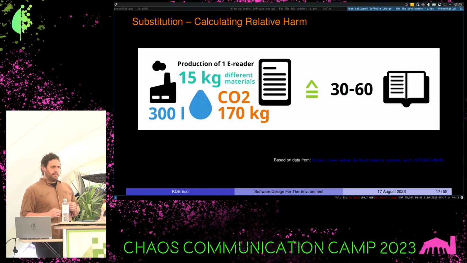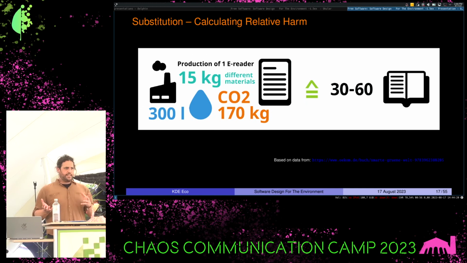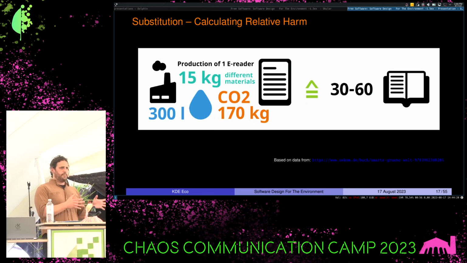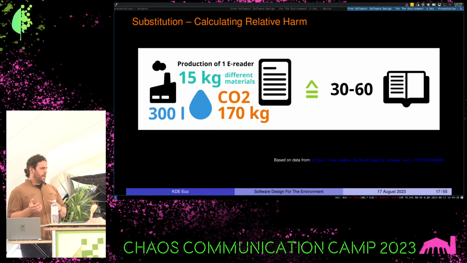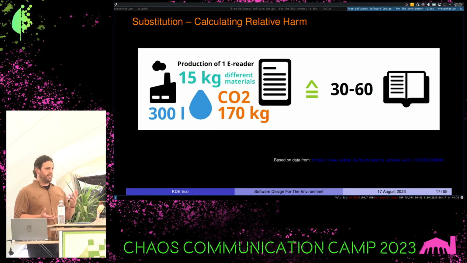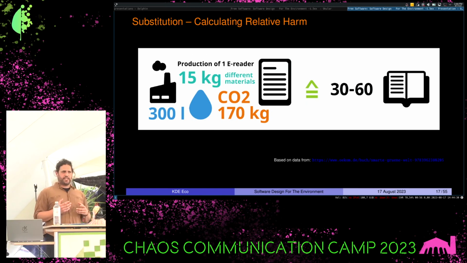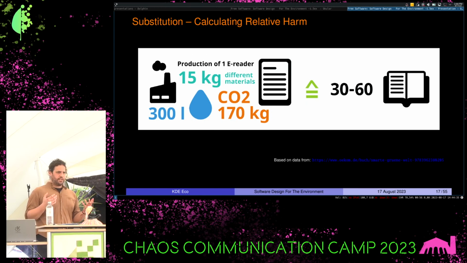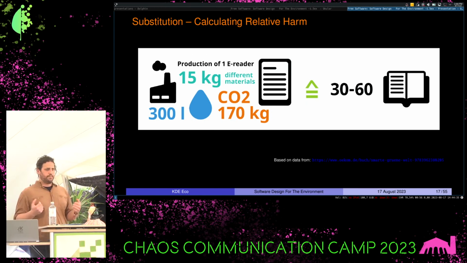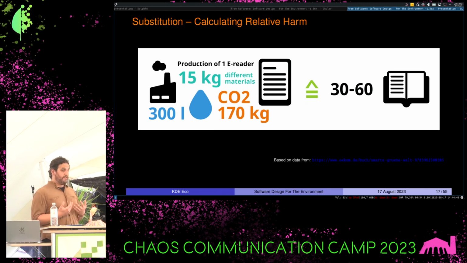So I mentioned at the beginning that there are cases where digitization can substitute other activities. And one of the questions there is what is the relative harm difference between the digital product and the non-digital one? This is again from Lange and Santarius. It's a comparison of e-readers and paper books in terms of their environmental harm. Paper book production also contributes to environmental harm, polluting water and soil with the chemicals used to create the paper.